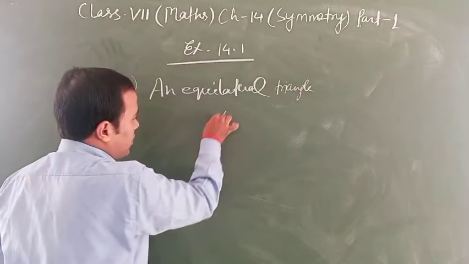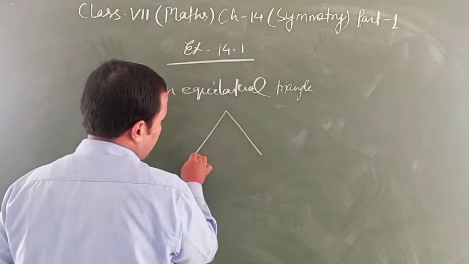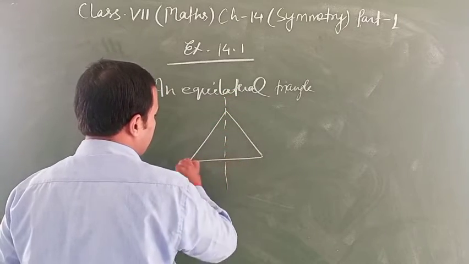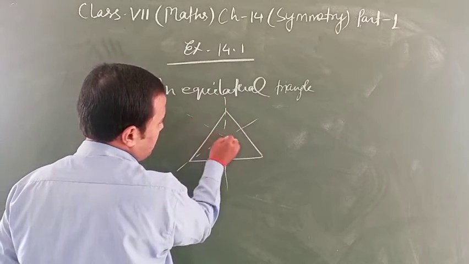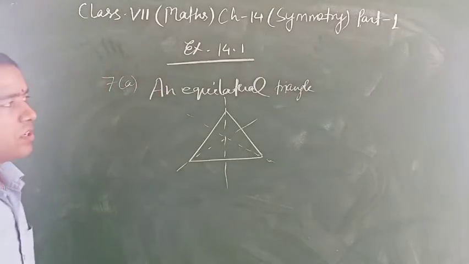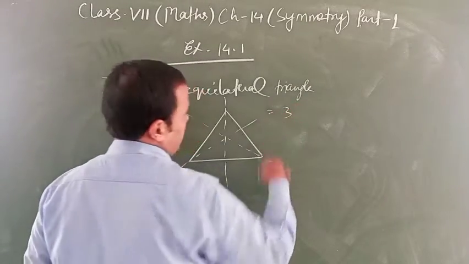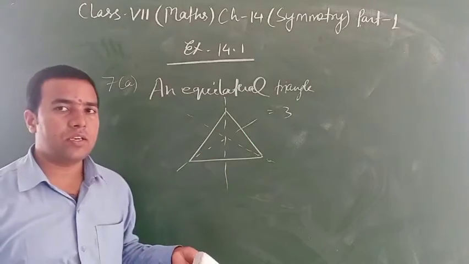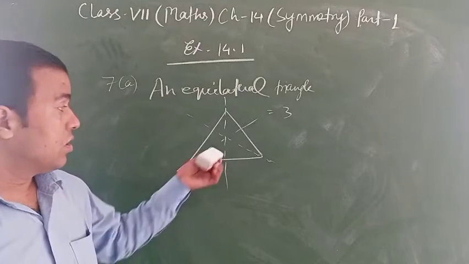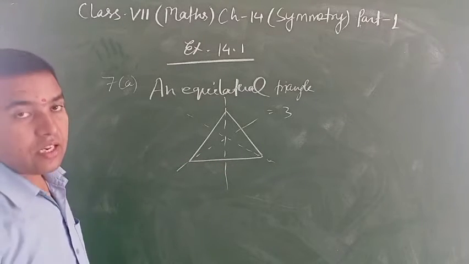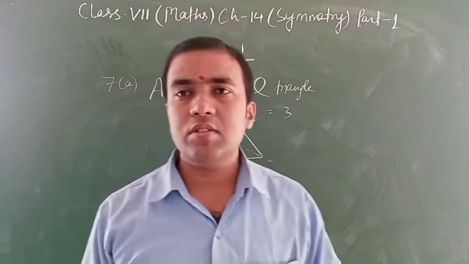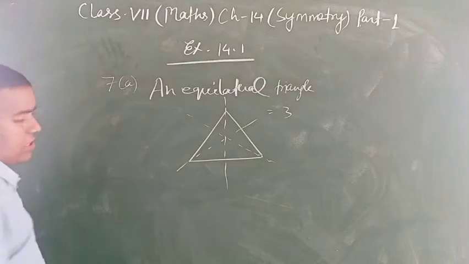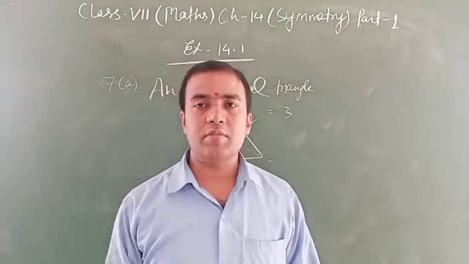An equilateral triangle means all sides are equal. Clear? So one line of symmetry is this, second is this, and third is this. So in an equilateral triangle, how many lines of symmetry? 3 lines of symmetry. Clear? Second is asking about an isosceles triangle. An isosceles triangle means 2 sides are equal, so you can make only 1 line of symmetry.